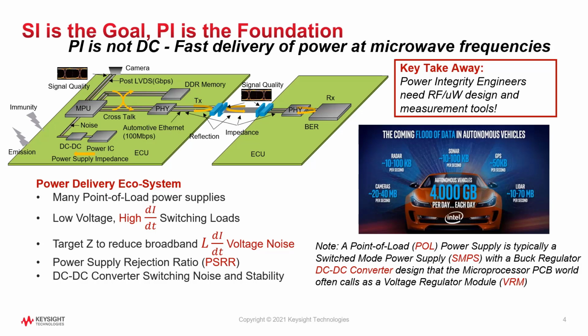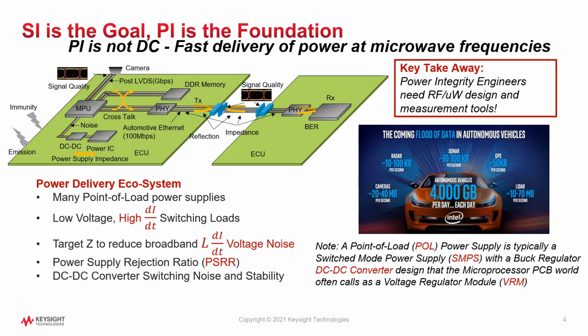Fast di/dt switching loads from these components can react with any inductance in the power delivery path to create voltage noise ripple. Switching converters add to this noise, and the power supply rejection ratio determines how much noise travels between the interconnected web of power delivery.